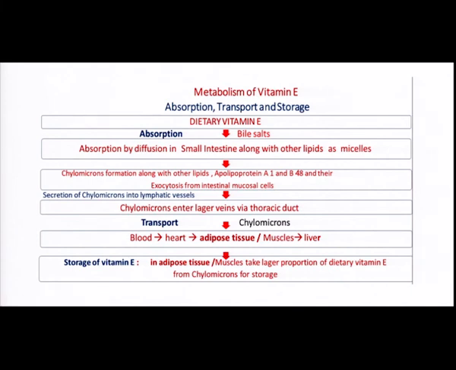The moment you see this word micelles, you should remember it is talking about the emulsification process. So vitamin E along with other fats would be emulsified, and this emulsified version finds its way into our systemic circulation.